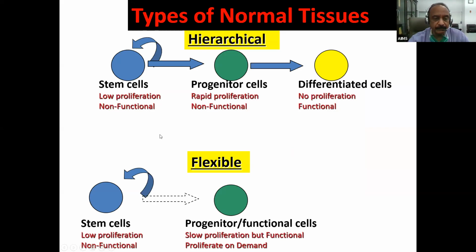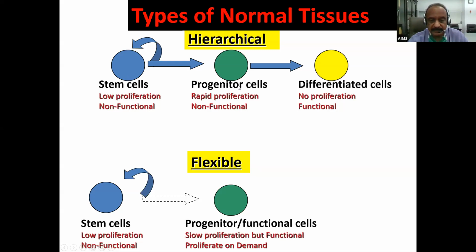The normal tissues have two patterns inside the body. One is the hierarchical pattern, the other is the flexible pattern. In the hierarchical pattern, there is a stem cell with proliferative capability, but this is not a functional cell. It multiplies, divides, and gives rise to progenitor cells.